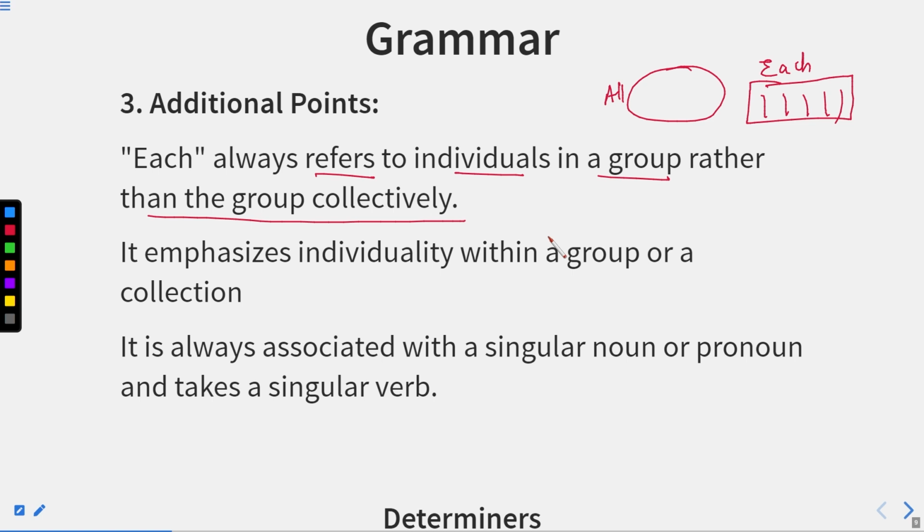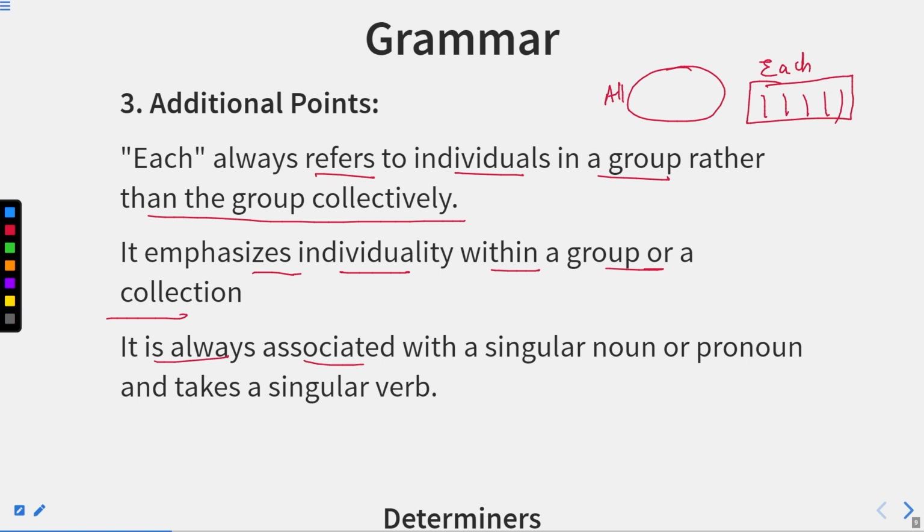I'm talking about those students individually. It emphasizes individuality within a group or a collection.